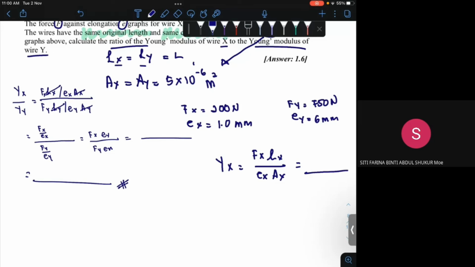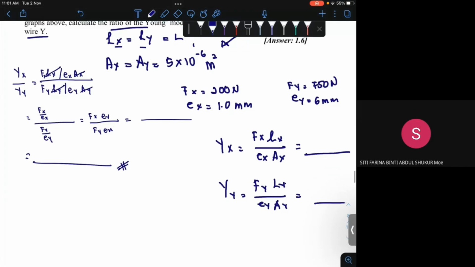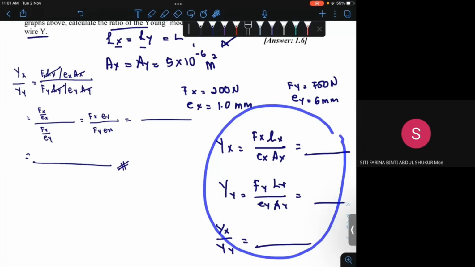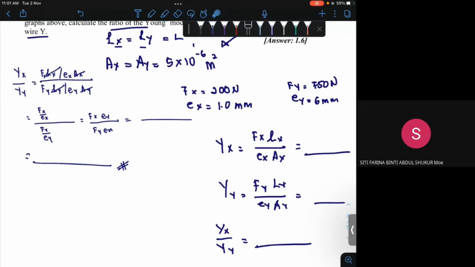Dapatkan nilai dia dulu. Begitu juga fy, ly, ey, ay. Dapatkan jawapan dia dulu. Dah dapat, baru buat ratio. Kalau rasa susah, tak ada masalah. Okey, ini satu-satu. Ini terus masukkan semua dalam equation sini, cancel apa yang sama and then masukkan nilai lain.